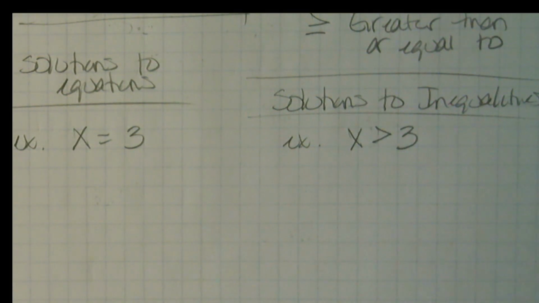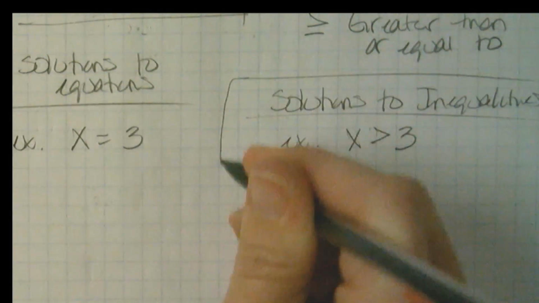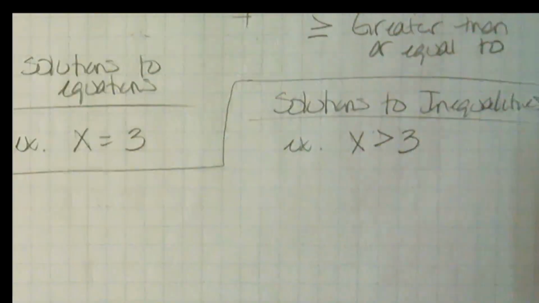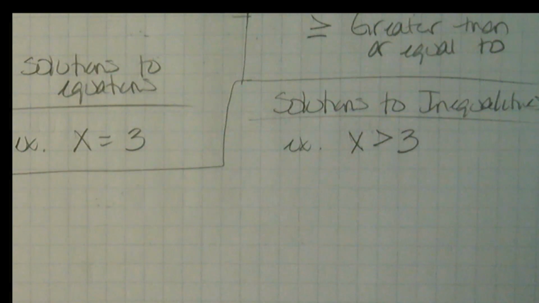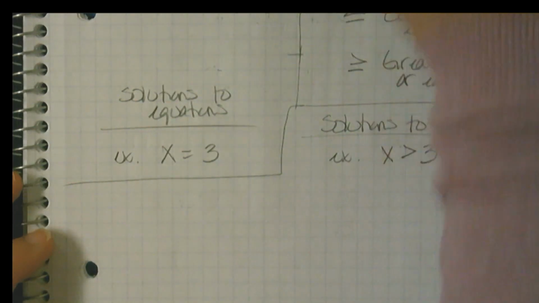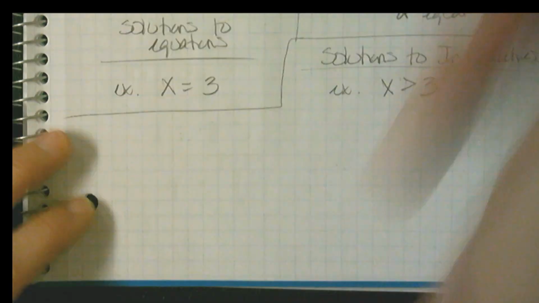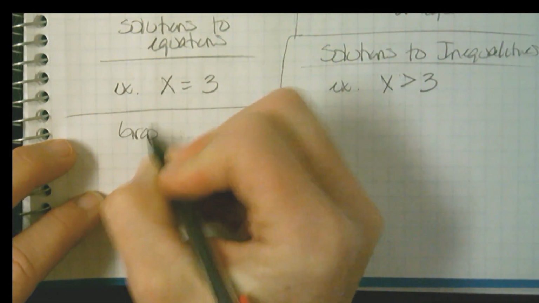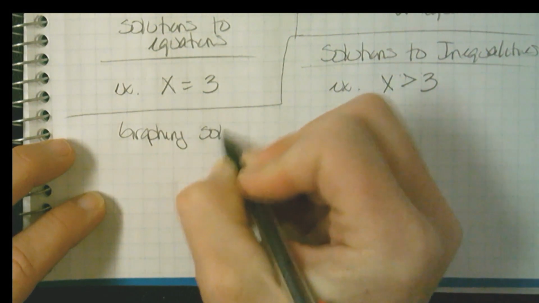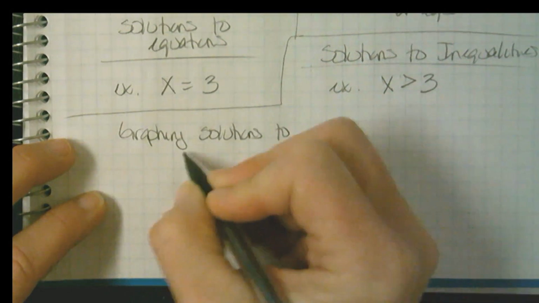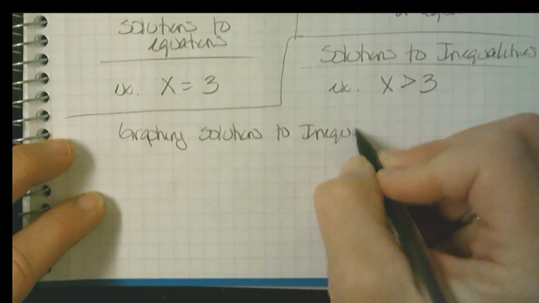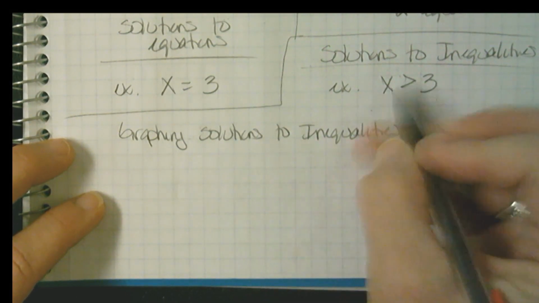One of the things that we do for solutions to inequalities is we graph them. So let's talk about graphing solutions to inequalities. I'm just going to graph that solution.